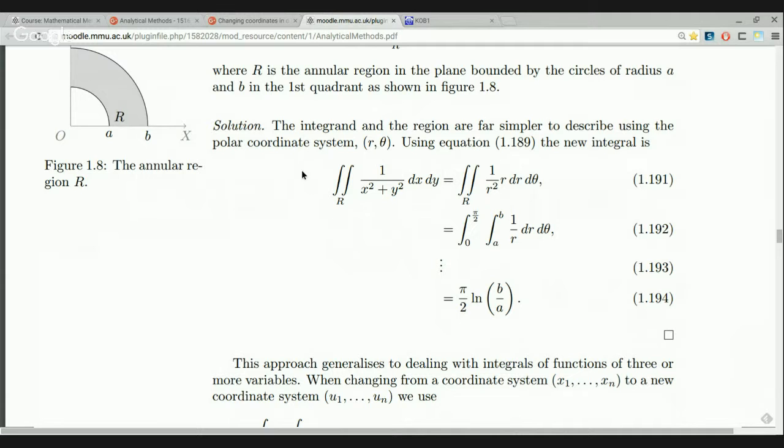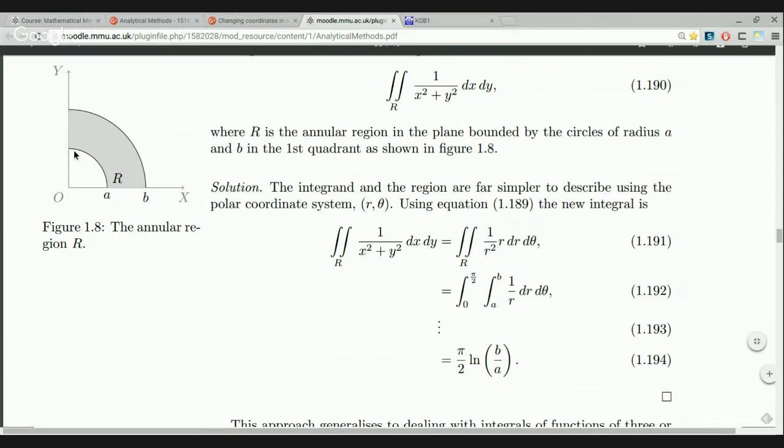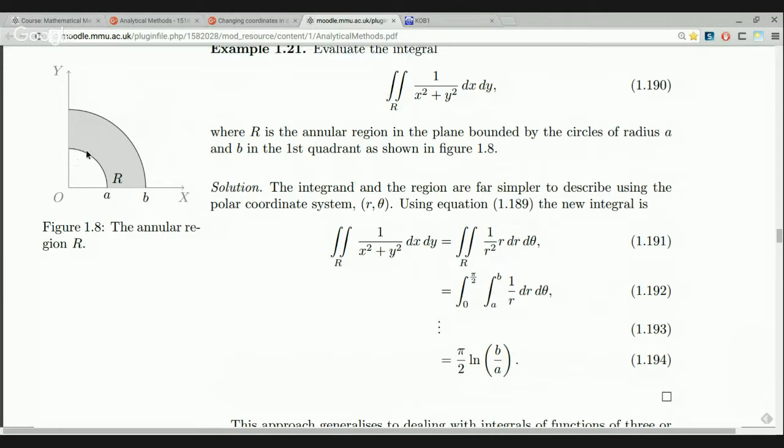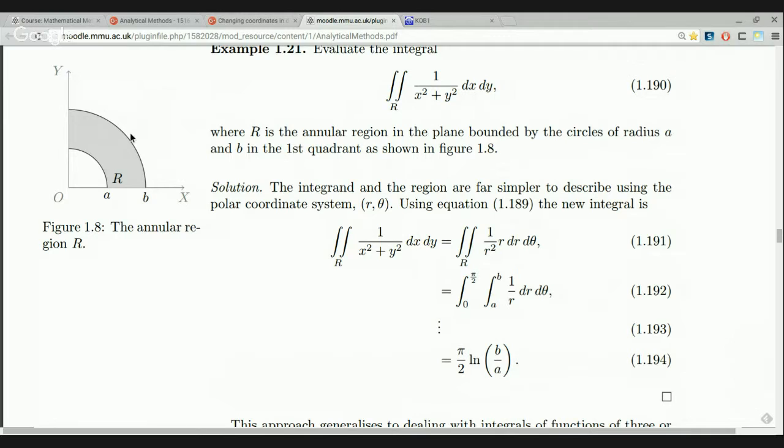So it would be a lot more awkward to do this integral solely with Cartesian coordinates. That's because everything about the integral is talking about circles: 1 over the square of the radius term, and the region itself is trapped between two circles. So it's a good example of the utility of changing coordinates. It allows you to carry out the integral.